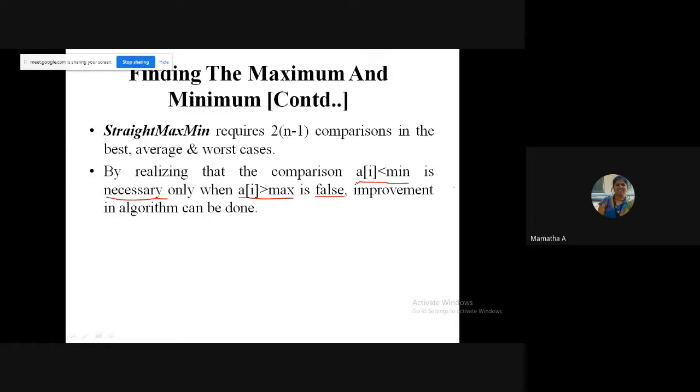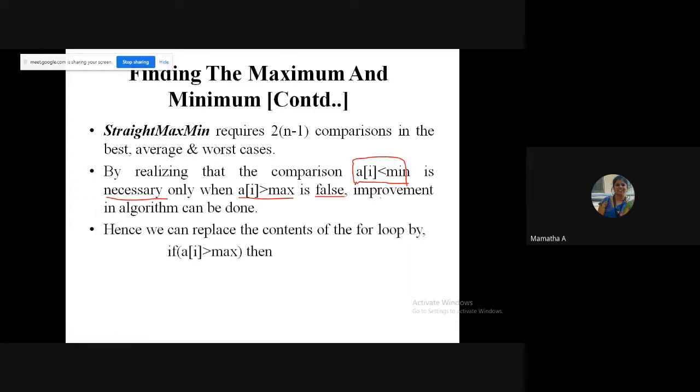Isn't it so? Why do you want to check both conditions? Not required. If A of I is greater than max, no problem. But if A of I is not greater than max, that is false, I will go for the comparison of A of I less than min. So a slight improvement in the for loop. Just see the for loop.